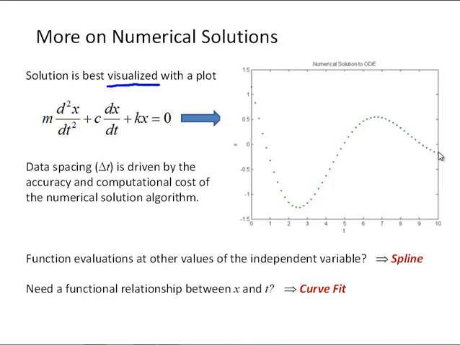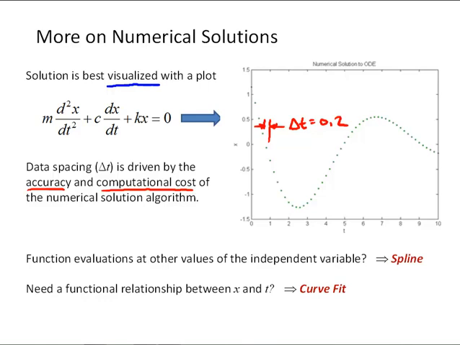Now the data spacing, or delta t, which would be like 0.2 in this case, that delta t is driven by the accuracy and the computational cost of our numerical solution algorithm. We typically won't reduce delta t farther just to get intermediate values of our solution function.